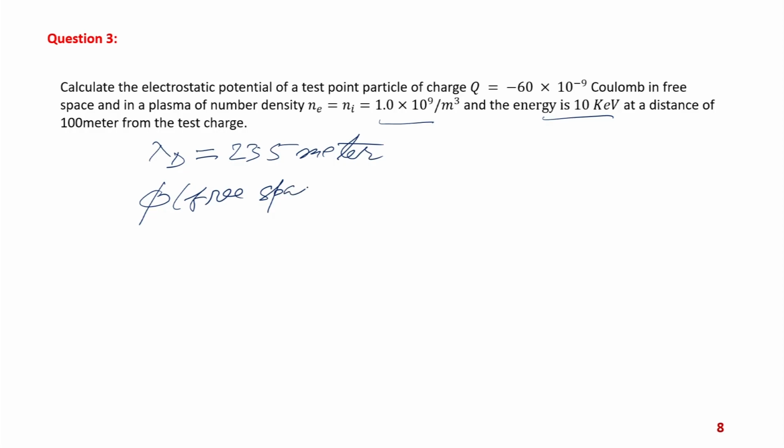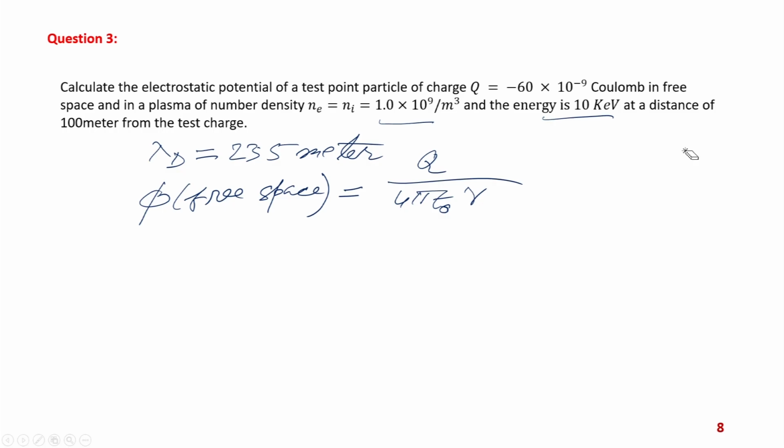Then phi in free space is given by the simple formula q by 4 pi epsilon 0 into r, e to the power minus r by lambda D. Oh no, this term is not there, it is free space we are doing.